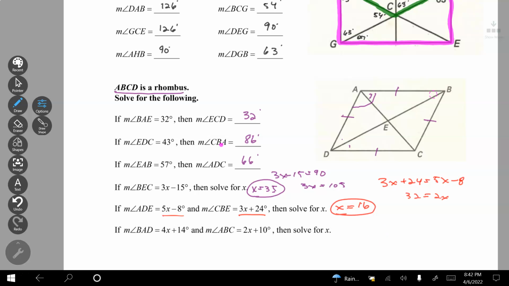And angle BAD and ABC, well, those are two consecutive angles. They would have to equal 180, so I have to do 4x plus 14 plus 2x plus 10 equals 180 degrees. I have to solve for x. And when I do the algebra, I get x equals 26.